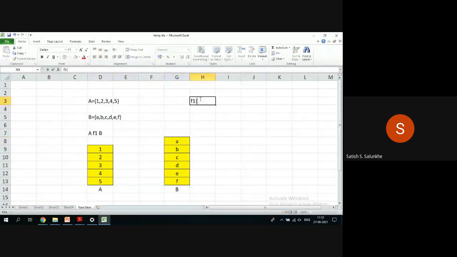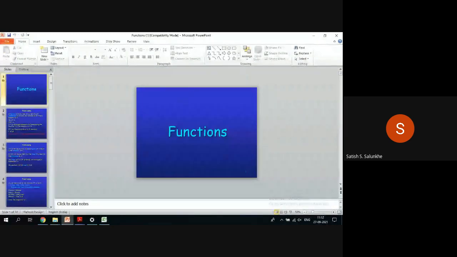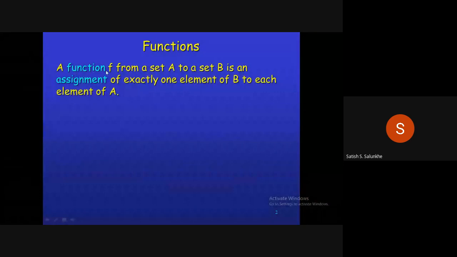Let us say F1 is equal to. Now coming back to this, let me start the formal definition. A function f from set A to set B is an assignment of exactly one element of B.